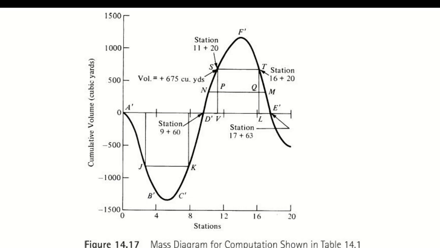Got it? This is one way of doing it from the graph. The other way, if you believe the table, is to take the average between these two, and that will become your final value. So either you can take 675 or you can take the average of these two values.